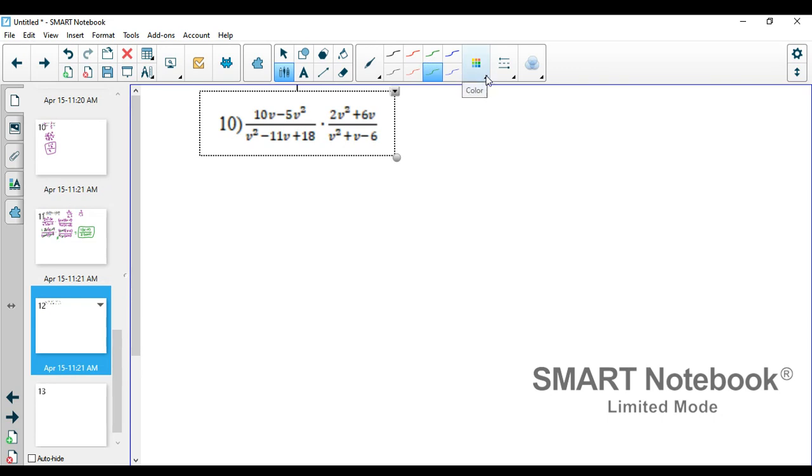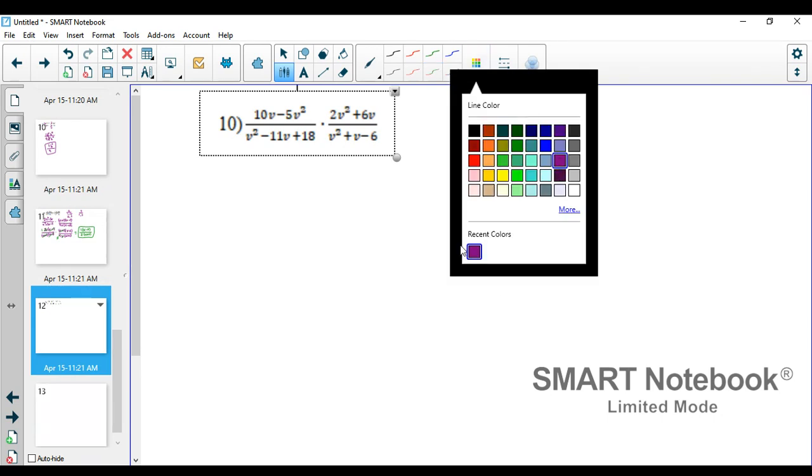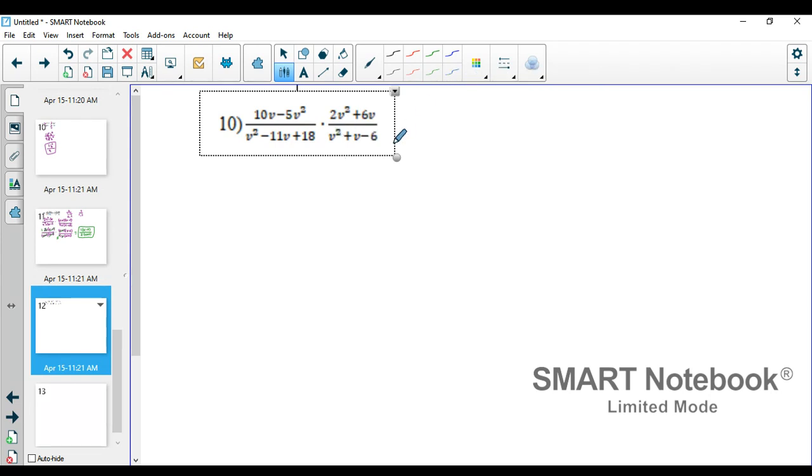So we have 10v minus 5v squared over v squared minus 11v plus 18 times 2v squared plus 6v over v squared plus v minus 6. Now, this one is in the wrong order because we have to have the v squared first. So as part of our common factor here, we're going to include the negative so that we can flip their order around.